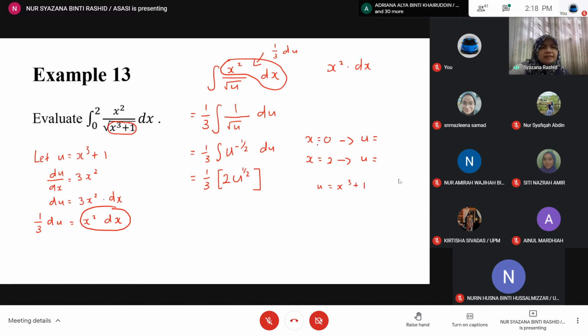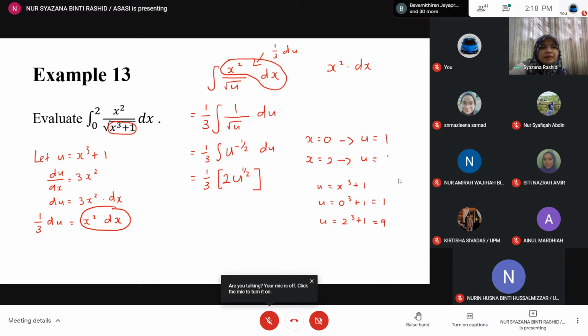So now, if x equals 0, 0 power 3 plus 1 equals 1. So now it becomes 1. If x equals 2, u equals 2 power 3 plus 1. 8 plus 1 is 9. So now it becomes 9.